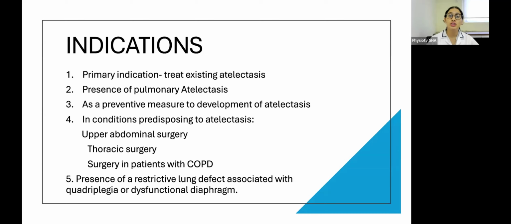It can also be used as a preventive measure to prevent the development of atelectasis. It is also used in conditions that can predispose to atelectasis, such as upper abdominal surgeries, thoracic surgery, and surgeries in patients with COPD. And lastly, it is used in the presence of restrictive lung defect associated with quadriplegia or dysfunctional diaphragm.